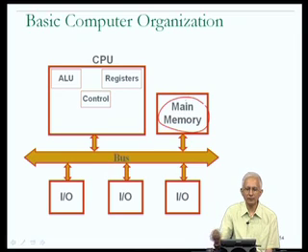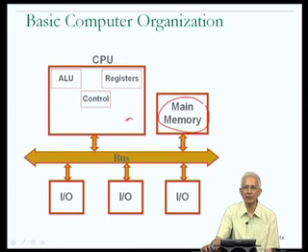Now you will notice that I have opened up the space inside the CPU, leaving a lot of space for some additional boxes to be drawn, indicating that very soon I'm going to be mentioning some more of the components of a CPU. For the moment, we understand the ALU, arithmetic logic unit, control hardware, and the registers.